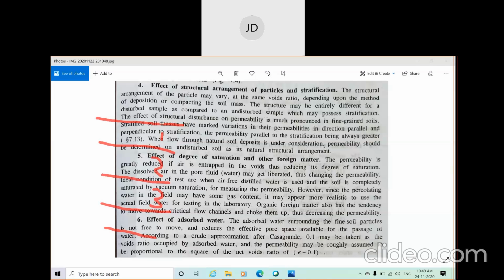Now, how may this stratification, or layered soil, affect permeability? As I already told you, suppose this is the ground surface. Water has a tendency to go in this direction, that means in the lateral direction, or to move in this direction.